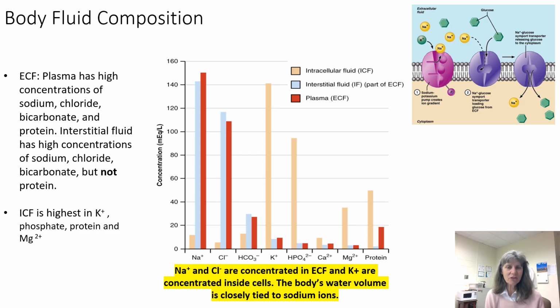what we see is that plasma has high concentrations of sodium, chloride, bicarbonate, and protein, and interstitial fluid has high concentrations of sodium, chloride, and bicarbonate, but not protein.